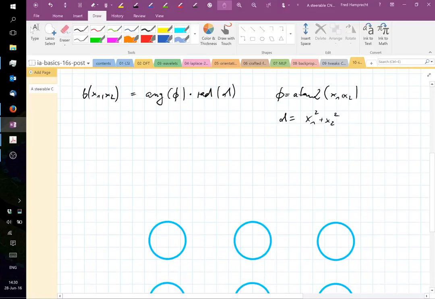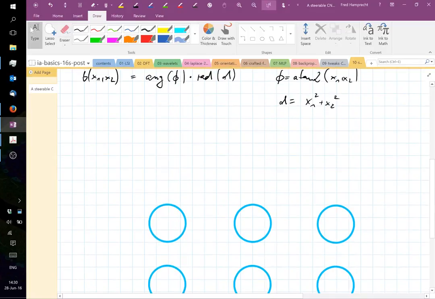So I'm using an index small k to count the number of oscillations that I want as I go around a circle. Let me put the zero angle at this position here. This is where I start.